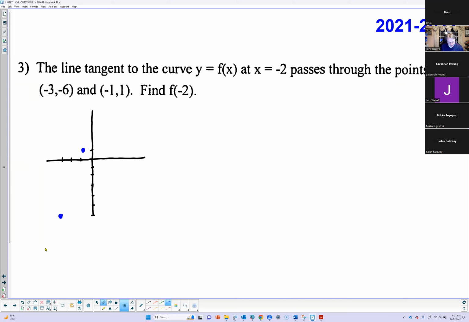So I'm just going to draw a dashed line. Pretend that's a line. And this is the tangent. It's a tangent line to a curve at x equal -2. So that's going to be right here, isn't it? Ish. And so there's some curve.